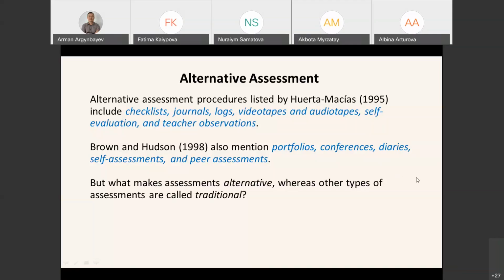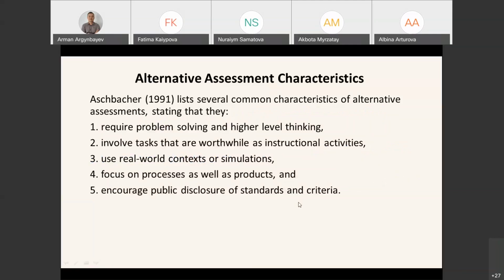Right, let's continue. These are the common characteristics of alternative assessments, according to Huerta-Macías. First, they require problem solving and higher level thinking.